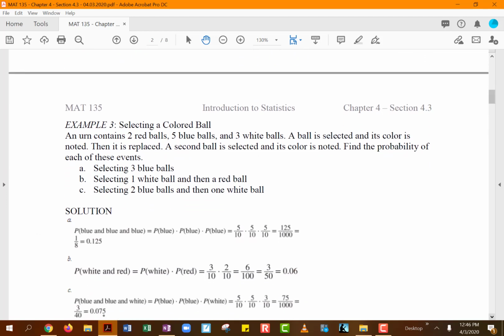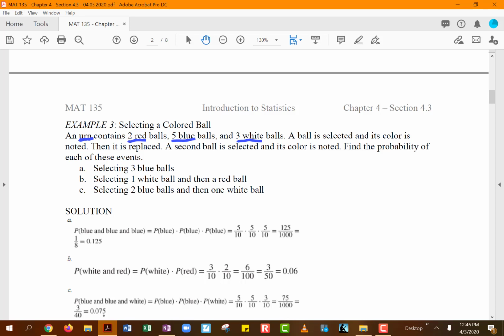Alrighty. How about we look at example 3 over here. Now this one is talking about selecting a colored ball. You've got an urn which contains 2 red balls, 5 blue, and 3 white, okay?